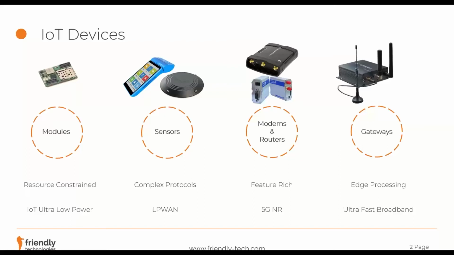So from a module point of view, we're typically looking there at ultra-low power applications, such as personal trackers operating off batteries. Could be metering applications where 10, 12-year battery life is required. And yeah, so resources are at a premium. Every cent counts, and cost optimization in that device counts.